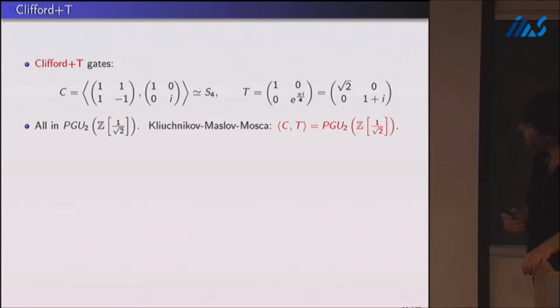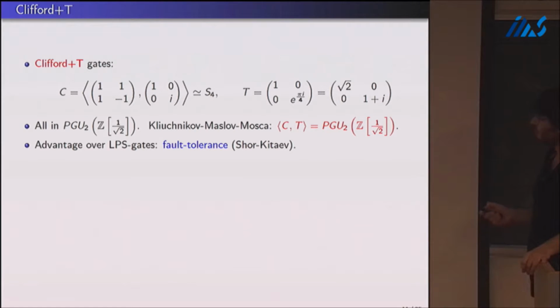And then there is a very beautiful work of Kliuchnikov, Maslov, and Mosca, which shows that they actually generate the full S-arithmetic group. So a matrix here can be written with these generators, which is not trivial.